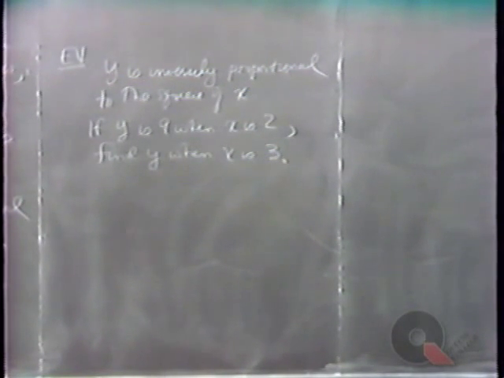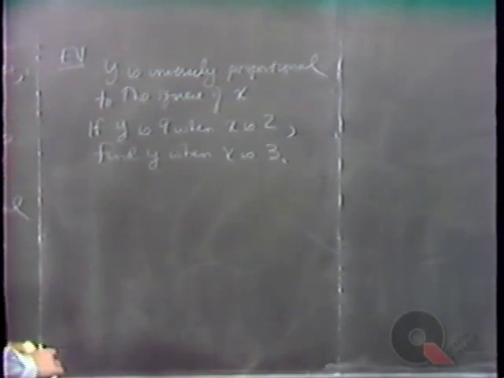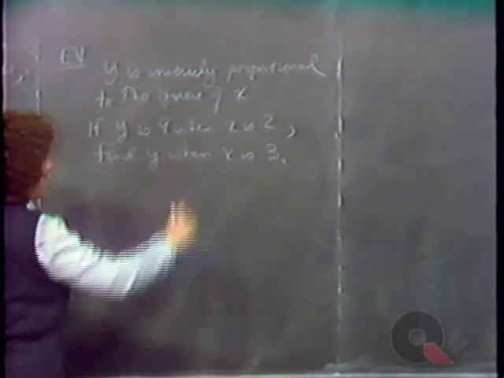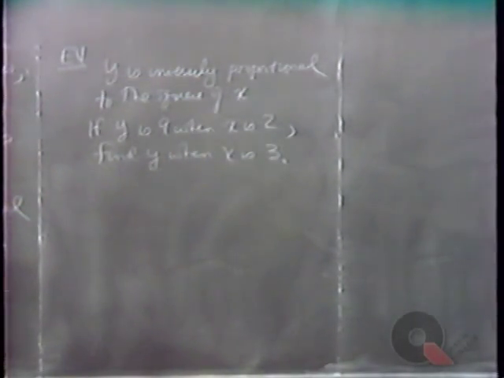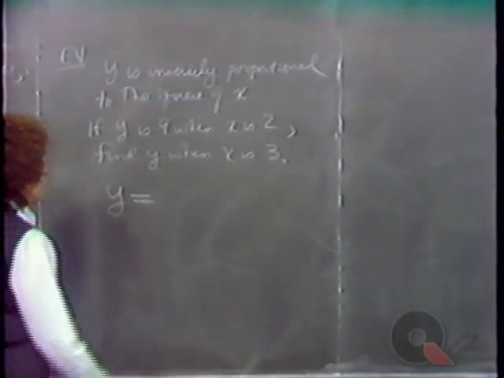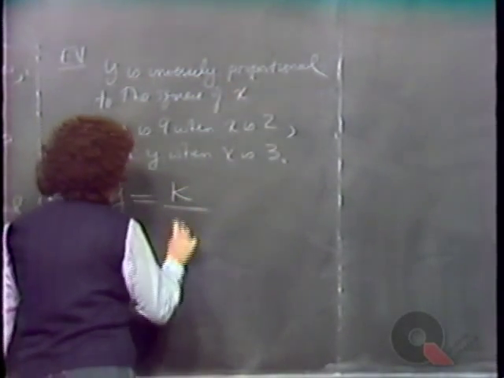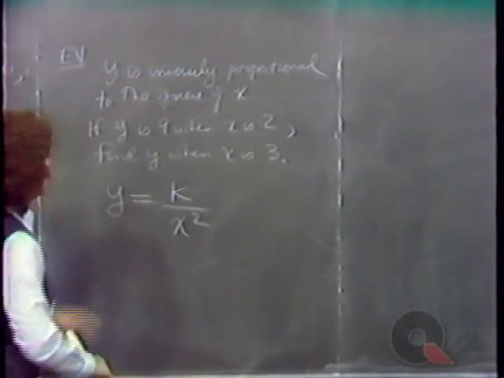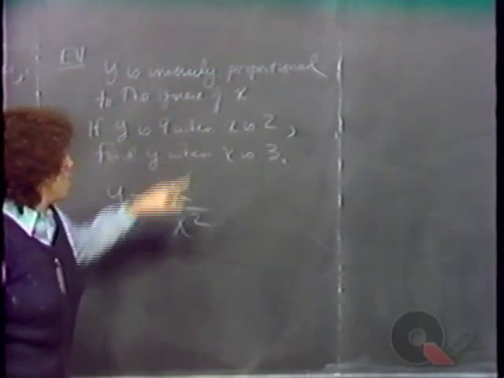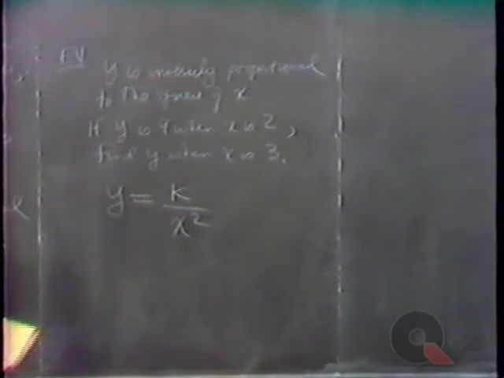Either y is inversely proportional to the square of x, or y varies inversely with the square of x. We're told if y is 9 when x is 2, we want to find y when x is 3. We start by writing down the relationship y is equal to k over x squared.